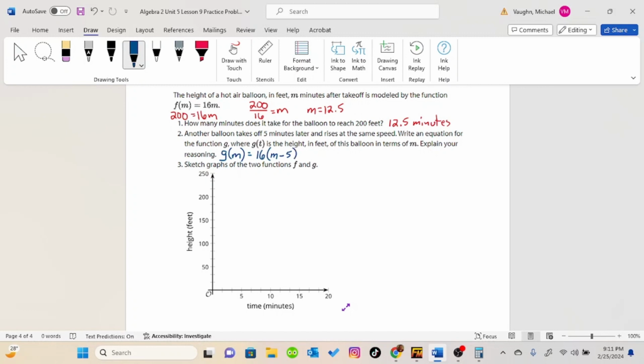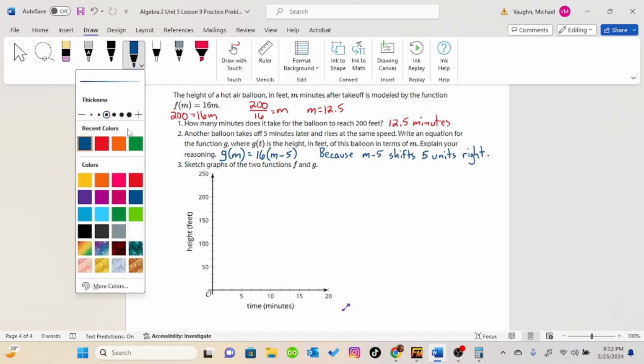So all we've done here is instead of m, we've replaced m with m minus 5 because m minus 5 shifts 5 units right.